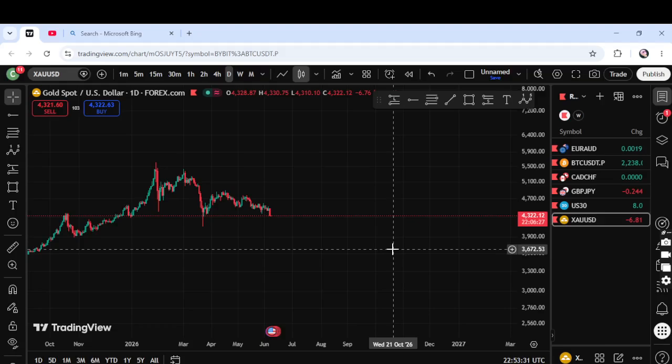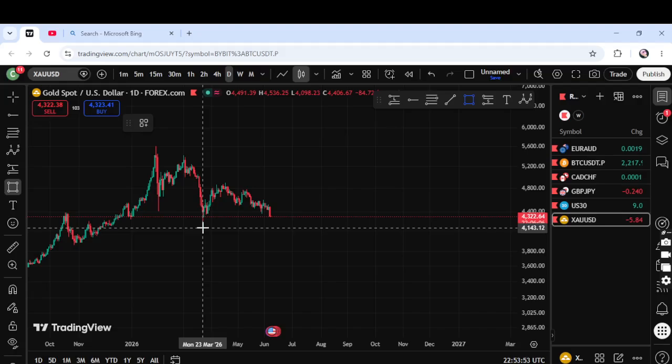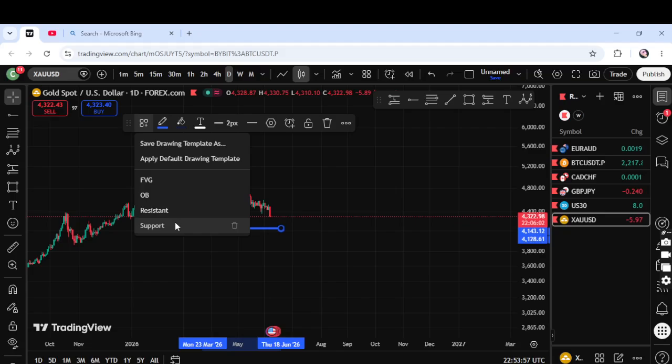We did not even take any trade on SAUSD last week because the setup I called was invalidated, so I told them to not take any trade on my X. So we have a support here. Then move to the 4 hours.